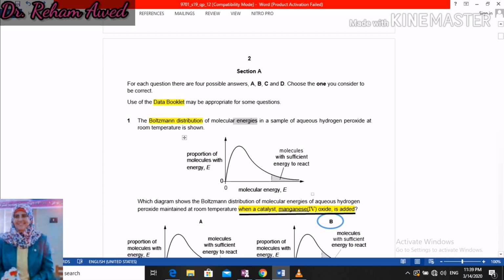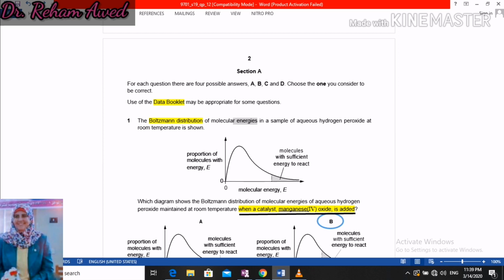Under the curve, we have the number of molecules having a specific amount of energy, enough for doing the reaction. Which diagram shows the Boltzmann distribution of molecular energy of aqueous hydrogen peroxide maintained at room temperature when the catalyst manganese oxide is used? When the catalyst manganese oxide is used.